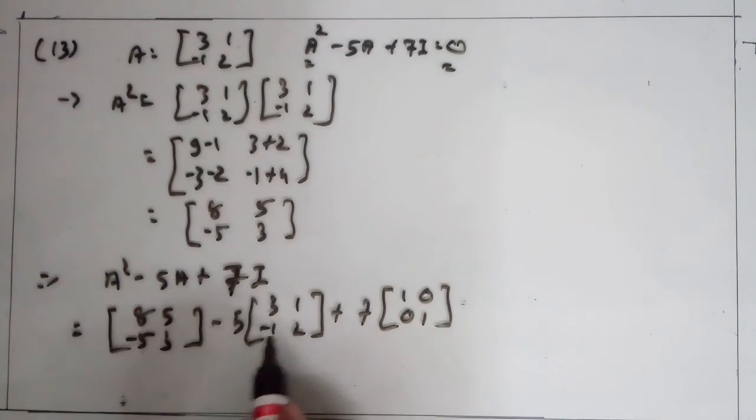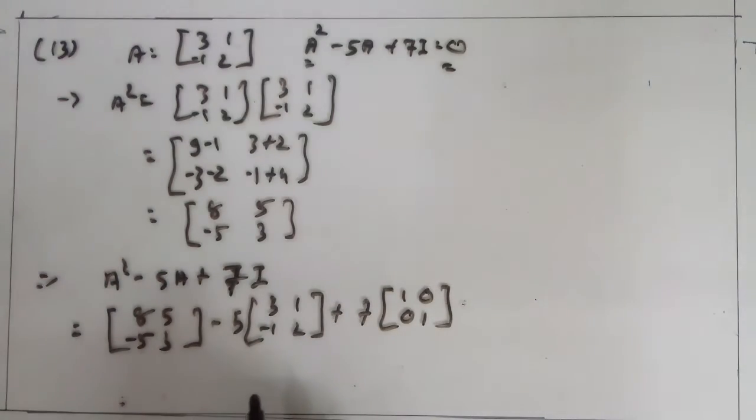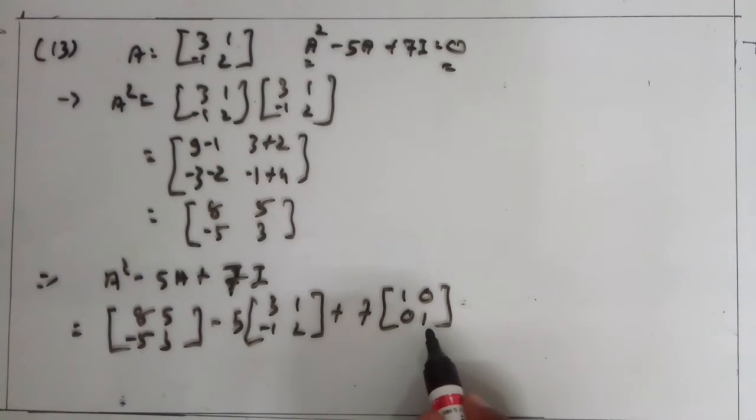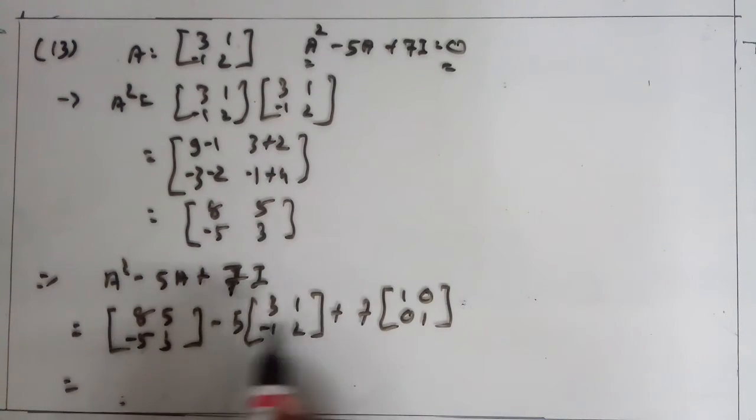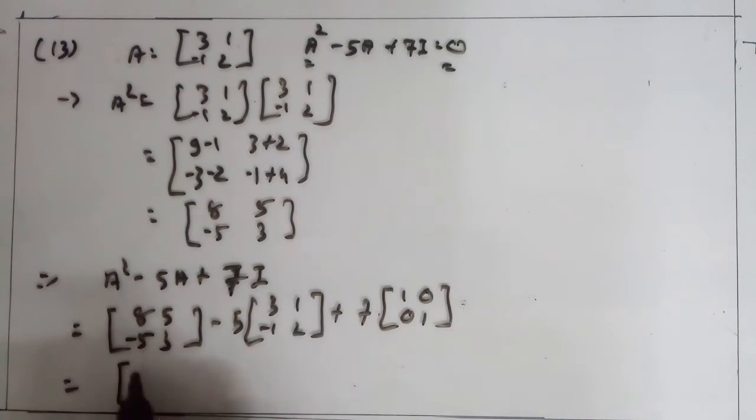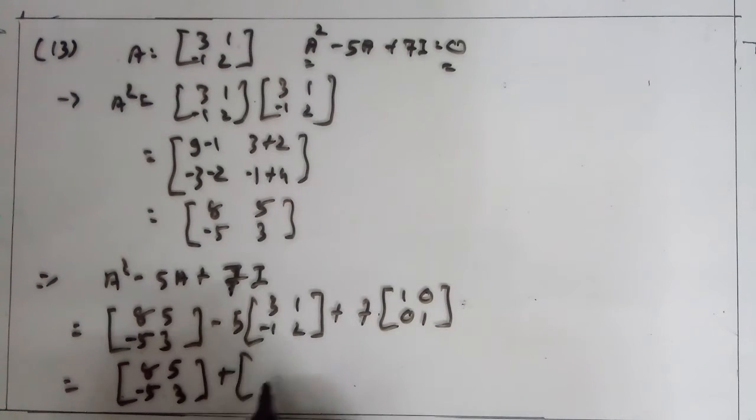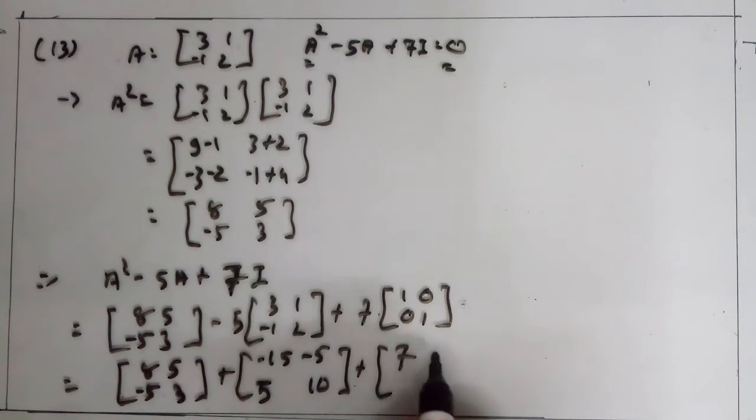Here, these two terms are of 2 cross 2 square matrices, so we take the identity matrix as a 2 cross 2 square matrix. Clear? So take 5 and 7 inside. So we get 8, 5, minus 5, 3, plus minus 15, minus 5, plus 5 and minus 10, plus 7, 0, 0, 7.